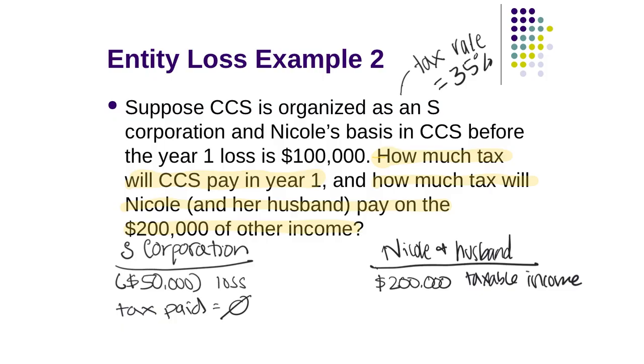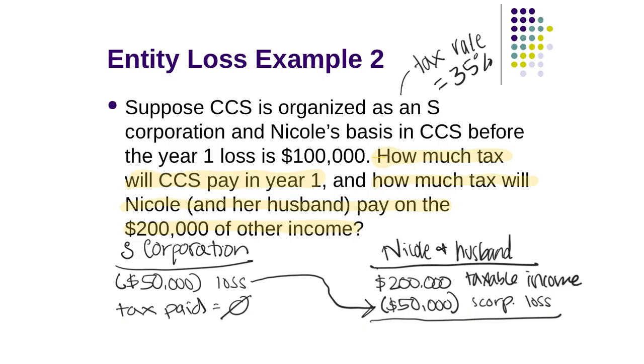Then when this $50,000 loss flows through, these arrows are flowing through from the S corporation to Nicole, the owner, that $50,000 S corp loss can offset their taxable income. I'm going to highlight these two just so you can see the movement. So, $50,000 loss.